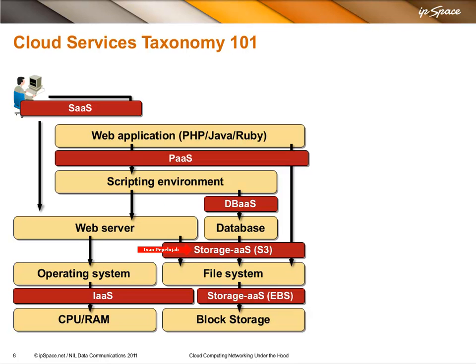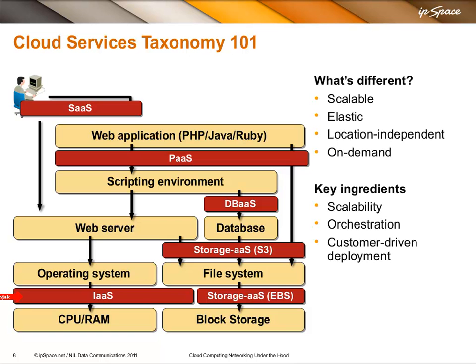You could either offer file system as a service, which in Amazon terms would be called S3, or you could offer block storage as a service, which yet again in Amazon terms would be called EBS. And the one that's really interesting for us today is infrastructure as a service, which is usually more or less server virtualization plus a lot of things around it.